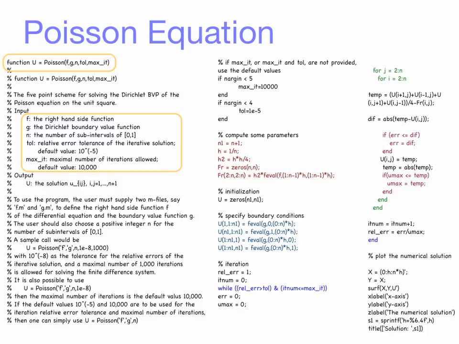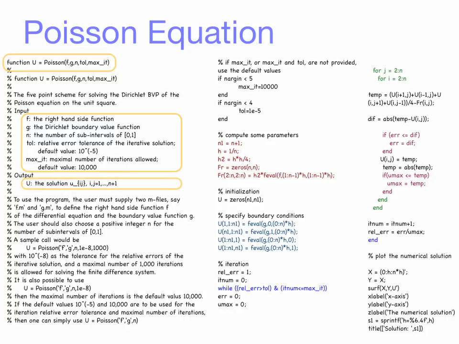n is the number of subintervals along x and y directions that the user wants to use. Tolerance is the relative error tolerance of the iterative solution scheme, and there's a default value prescribed for that, 10 to the minus 5, and the maximum number of iterations allowed has a default value set by us of 10,000, and the user can specify something larger or smaller if the user wants to do so.